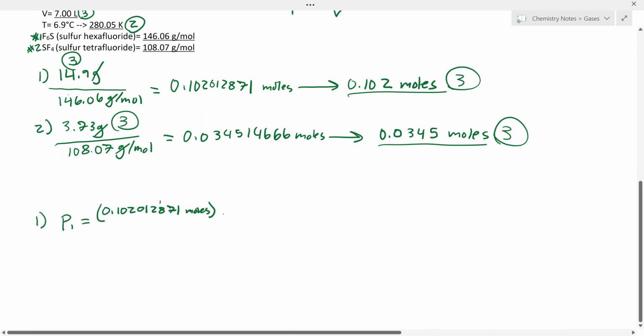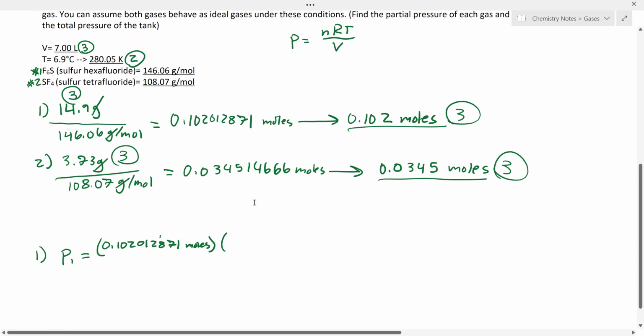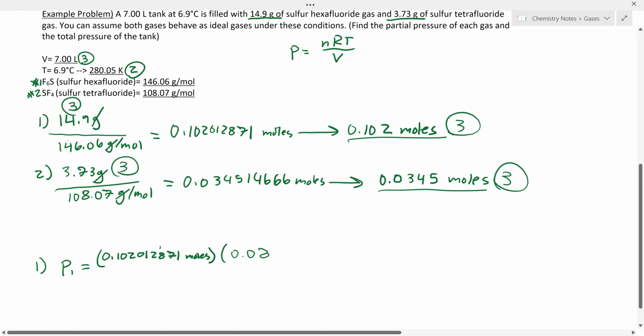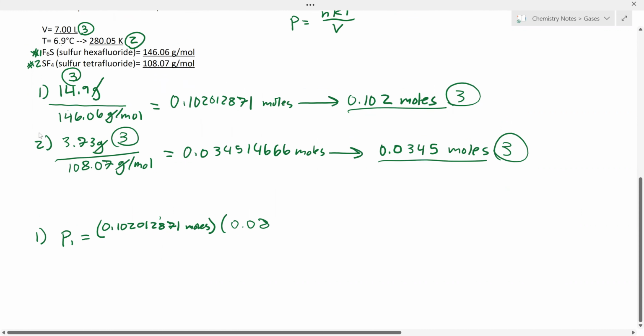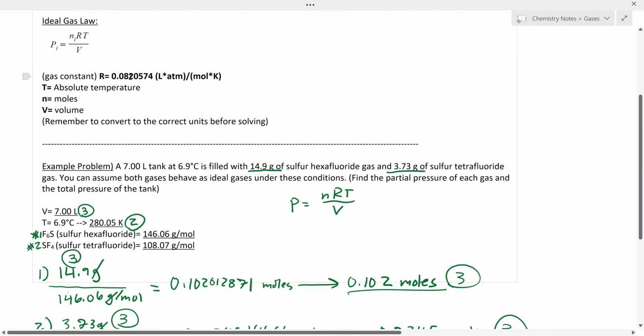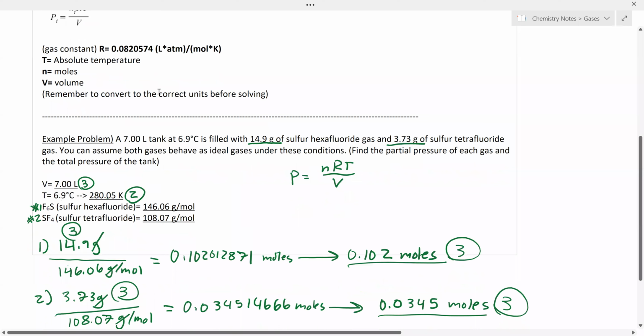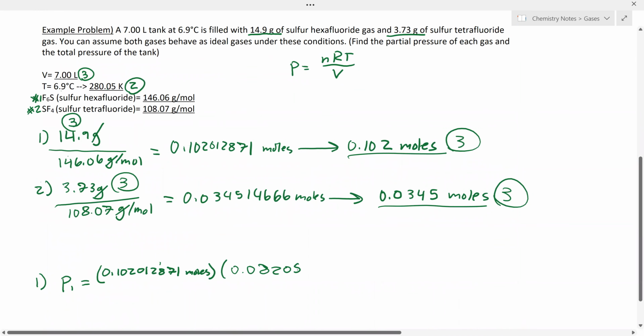Okay, so now remember, we go n, R. So we want that value for R. Might take me a second. 0.08, 20574. Bam!